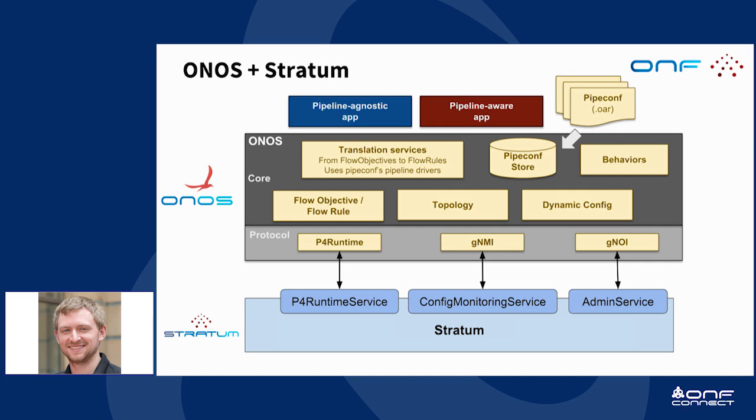Ultimately, these translation services need to be built against a specific pipeline, and the pipelines in our case are called pipeconfs. It's basically a P4 program plus some code that understands how that P4 program adapts to the ONOS core abstractions. At the ONOS northbound perspective, then you have a choice. If you want to be pipeline agnostic, if you don't care about the switching pipeline, you can use flow objectives.